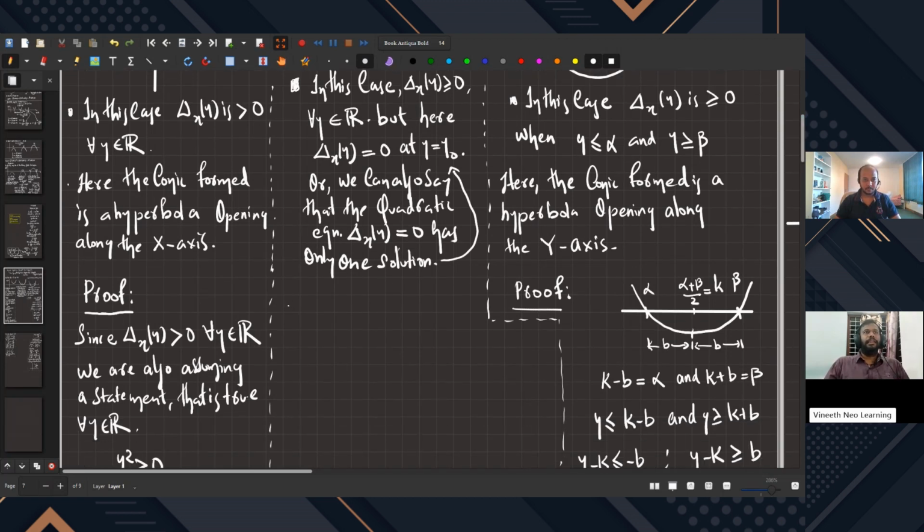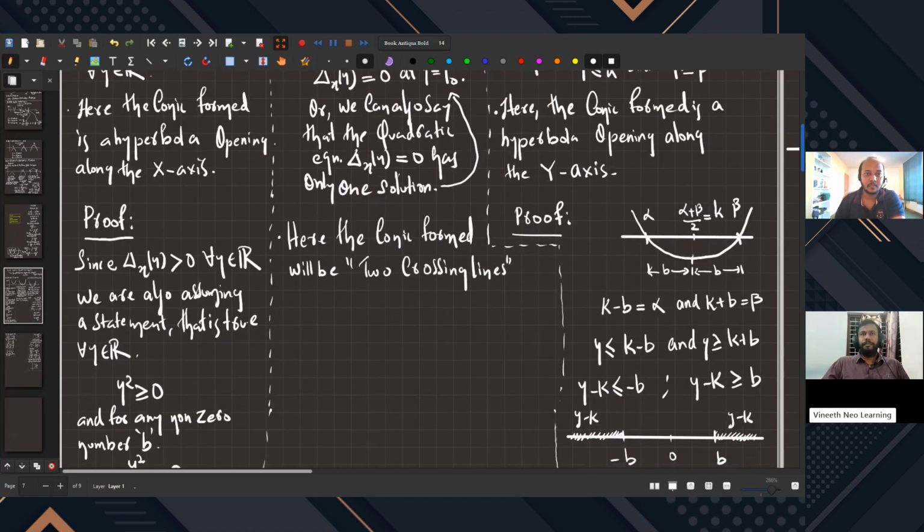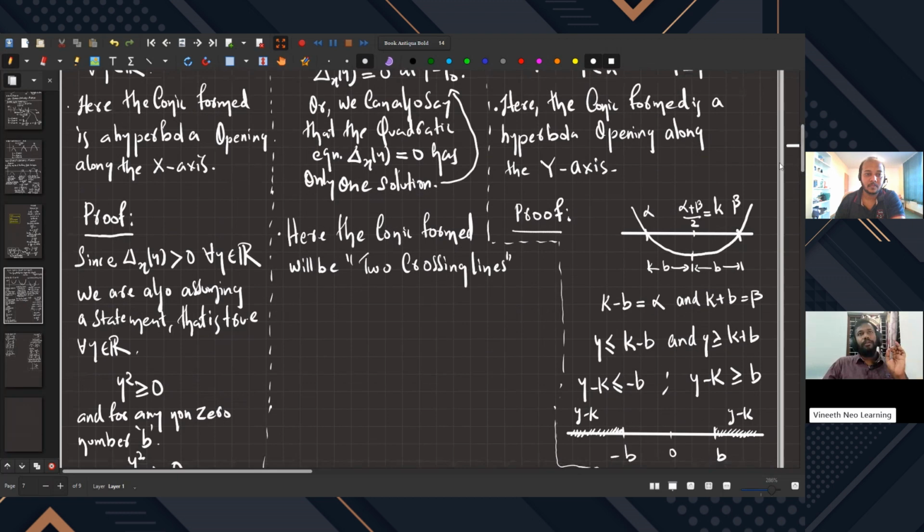In this case, the conic formed will be very interesting: two crossing lines, or a pair of straight lines intersecting at a single point.